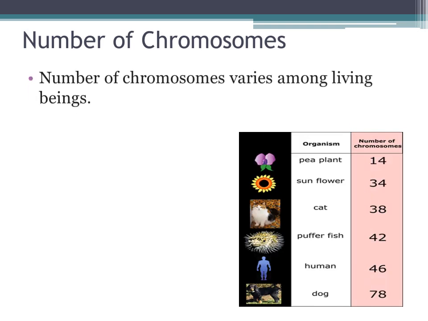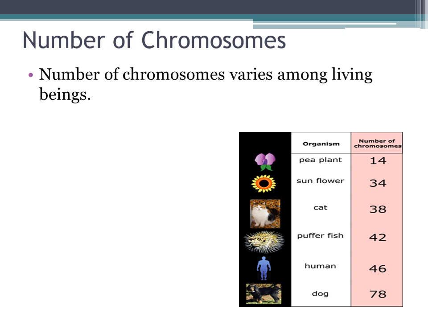First, not all living beings have the same number of chromosomes. So the number of chromosomes varies among living beings. For example, a pea plant has 14 chromosomes while sunflower has 34 chromosomes. A dog has 78 chromosomes while a cat has 38 chromosomes.